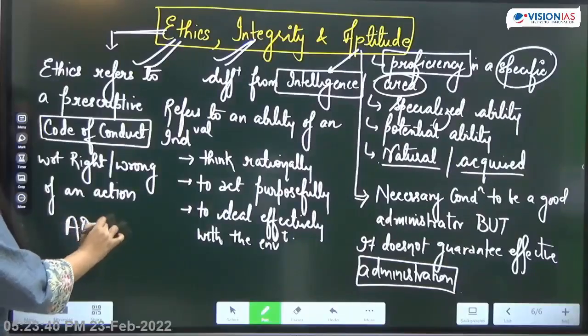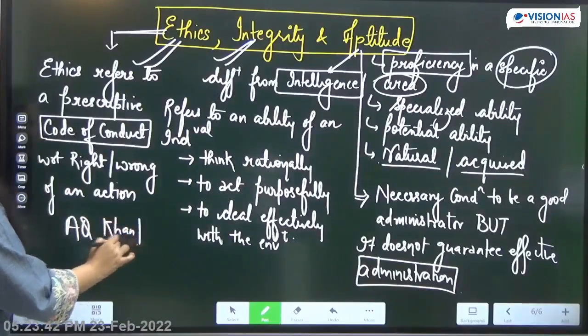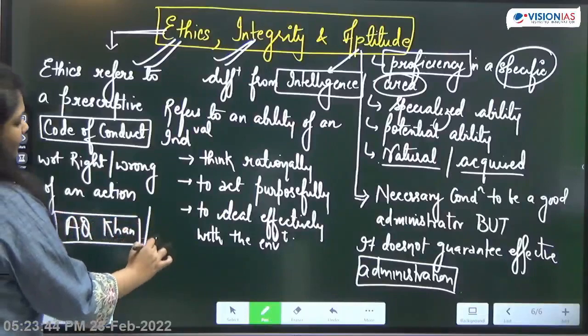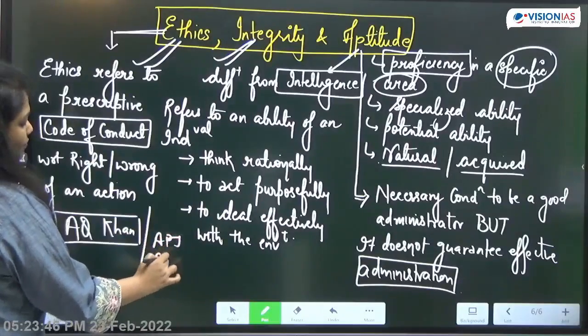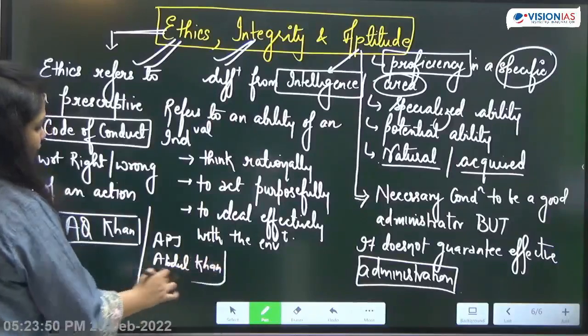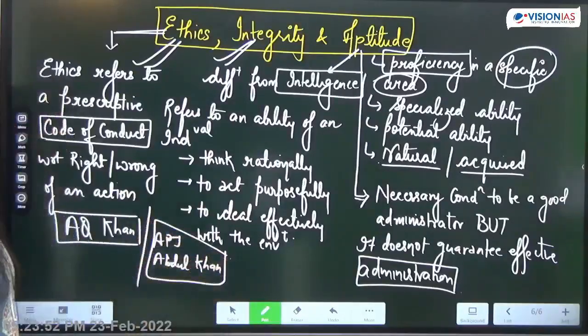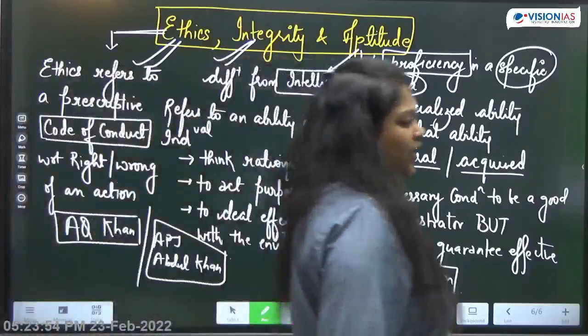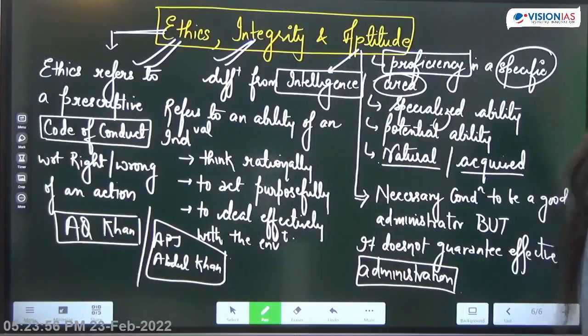There are two personalities, A.Q. Khan and A.P.J. Abdul Kalam. Both were nuclear scientists, one in the context of India, the other in the context of Pakistan.